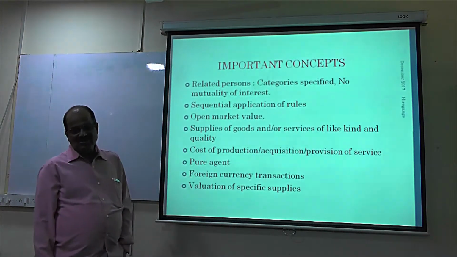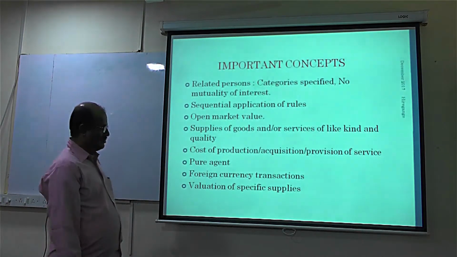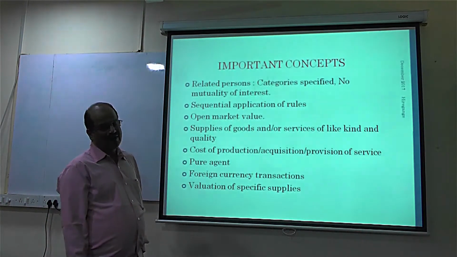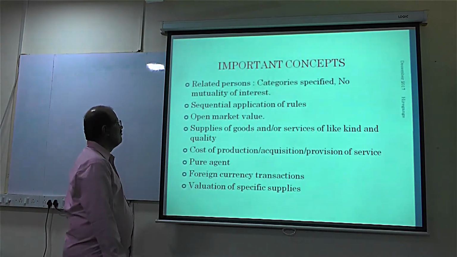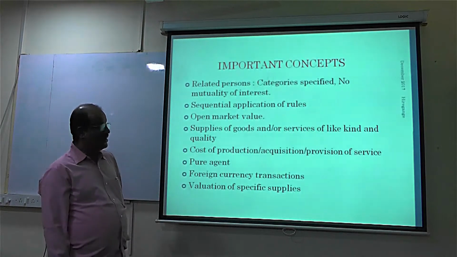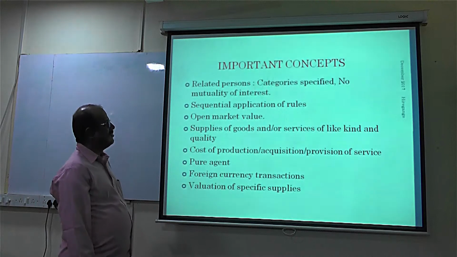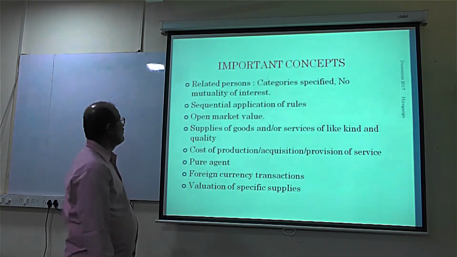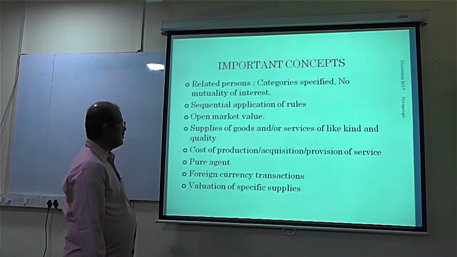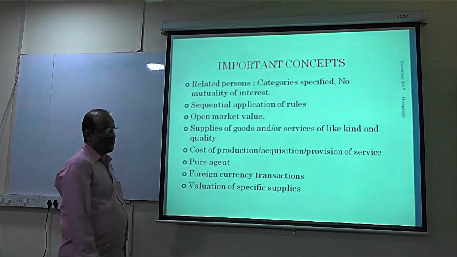Once a person is a related person, according to the definition and the description and details given in the section itself, there is nothing required to look into. The moment the person is coming under the category of related person, the transaction value has to be rejected and valuation rule has to be applied.